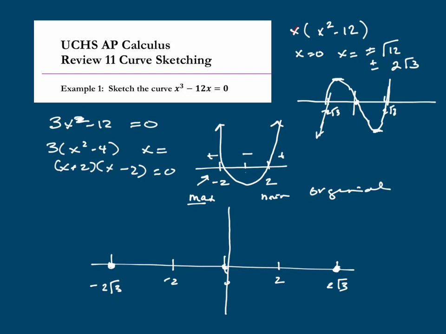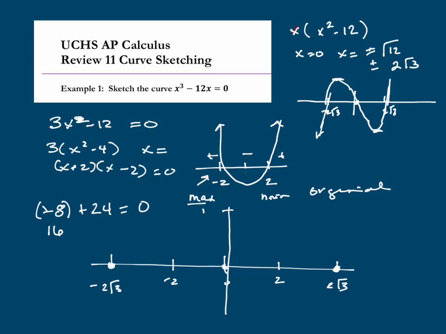So in the original equation, putting in a negative 2, I get negative 8 plus 24, sorry, negative 8 plus 24 is 16. So at 16, I have a max.